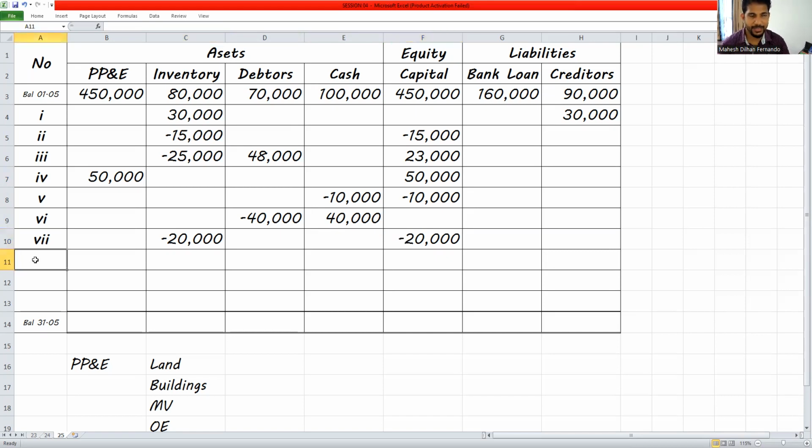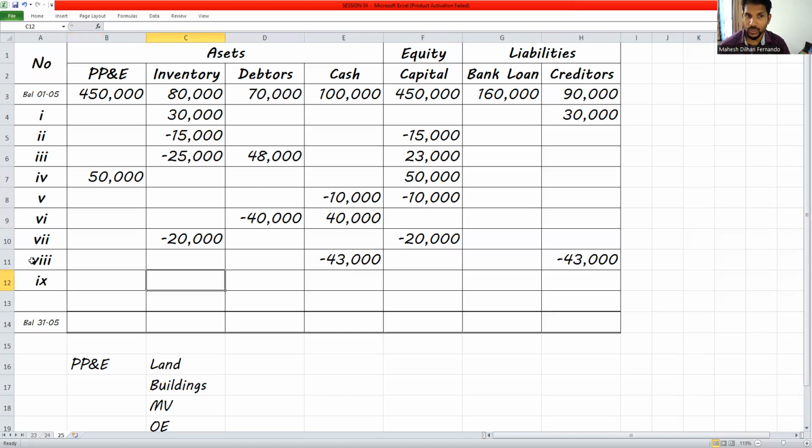Okay. Number 8. Paid 43,000 to creditors. Now, how do we pay it? With cash. Cash minus 43. Then, when you settle a creditor, even the creditors decrease. Minus 43. Understood? Good. Number 9. Sold goods value 20,000 for 40,000 in cash.